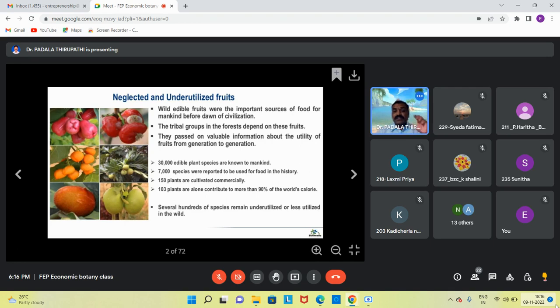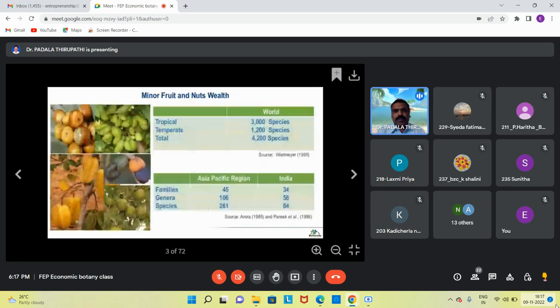Remember, my dear friends, several hundreds of species remain underutilized or less utilized in the wild. Mother nature can create wonders, but knowingly or unknowingly we do not utilize them properly. That's why the importance of fruits and nuts is in our syllabus, that is economic botany.